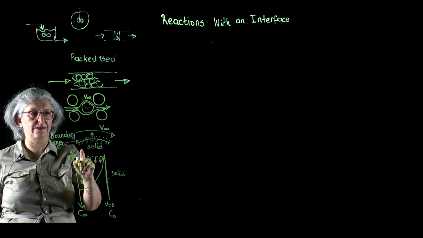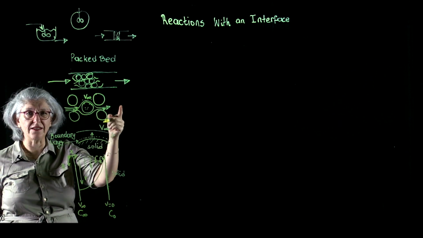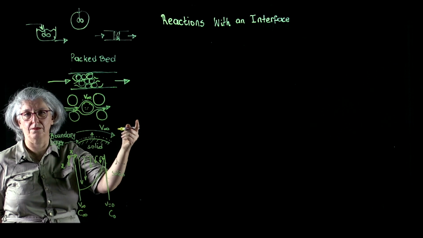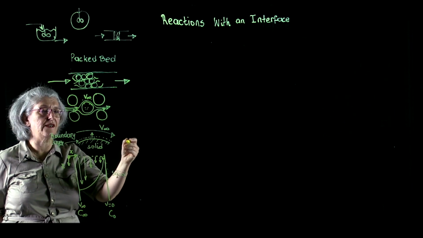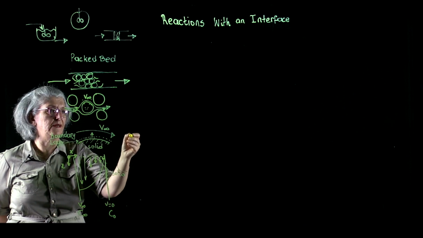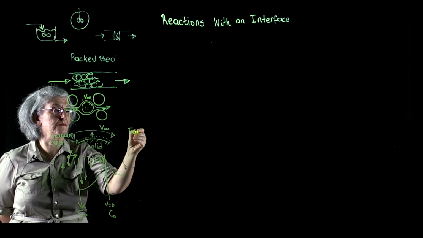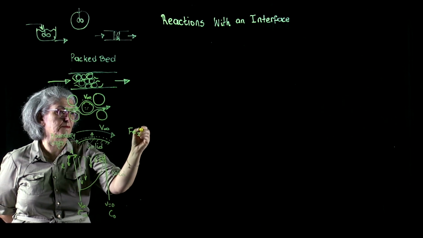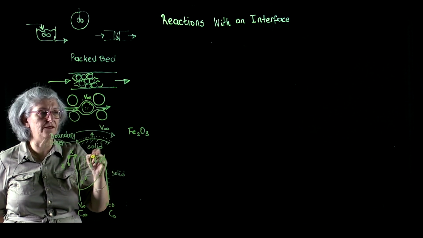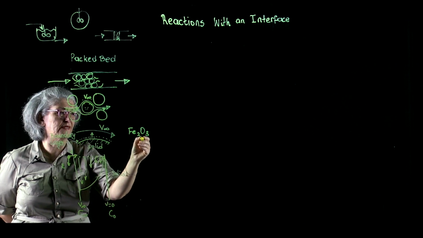Suppose that we have the task of reducing an ore. Like, for example, we are given an iron oxide ore, and we are given the task that we are going to reduce this ore to its metallic state.